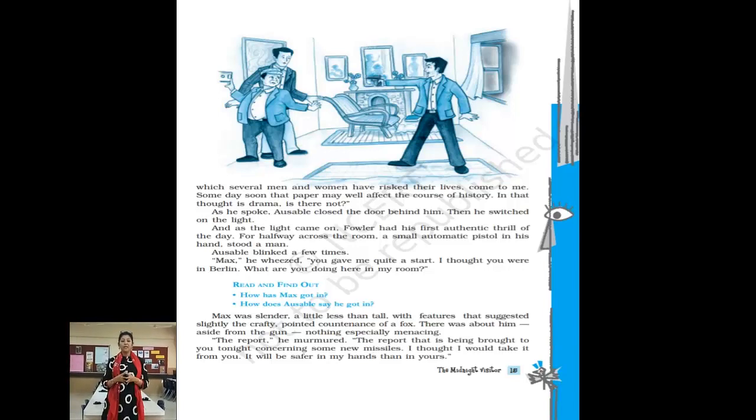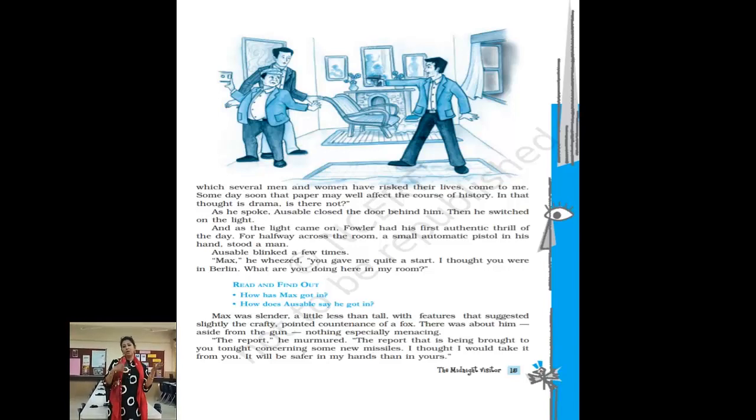Okay, so Max demanded the important report concerning some new missiles that were in the custody of Ausable. Now, these are the important parts of the story, and I want all of you to underline this. Max demanded the important reports or documents or papers, the specific file concerning some new missiles that were in the custody of Ausable.